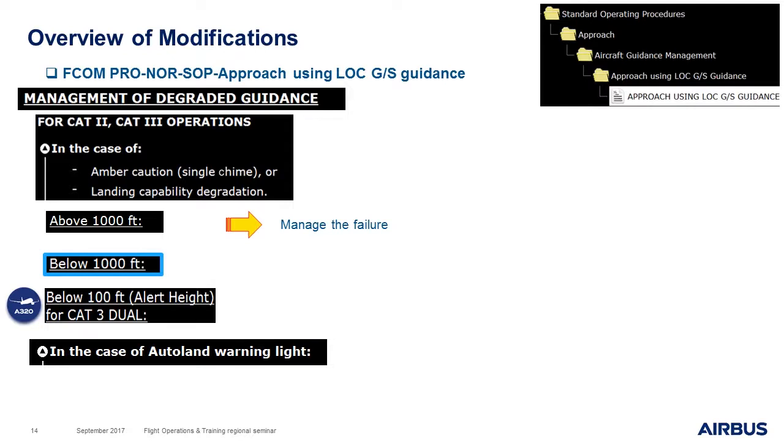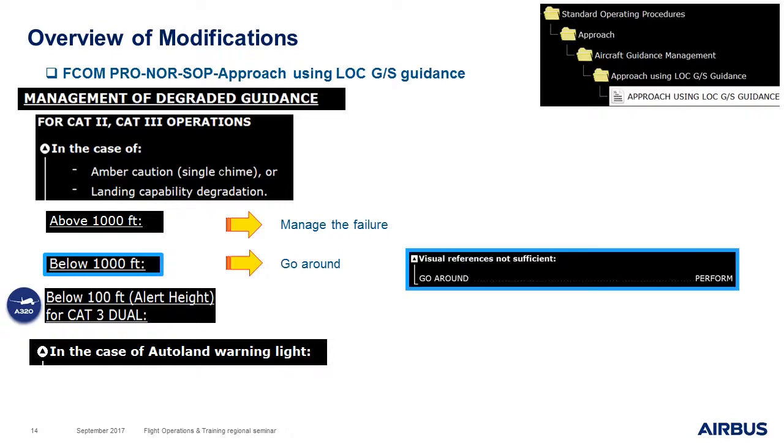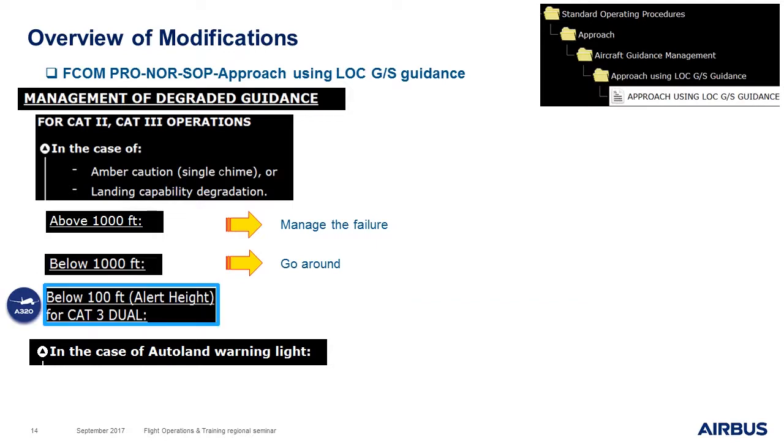Below 1000 feet, in case of failure, you have to go around, unless visual references are sufficient to continue. Below 100 feet, the alert height for A320 in CAT3 dual landing capability, you can continue if you have a single failure.